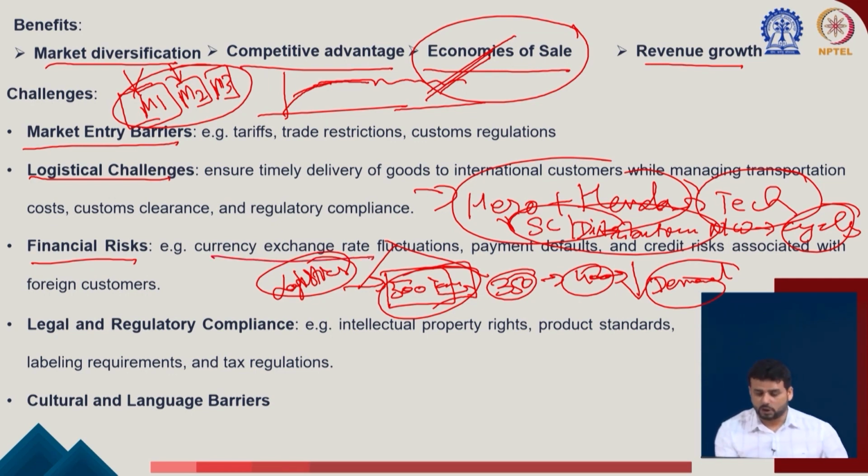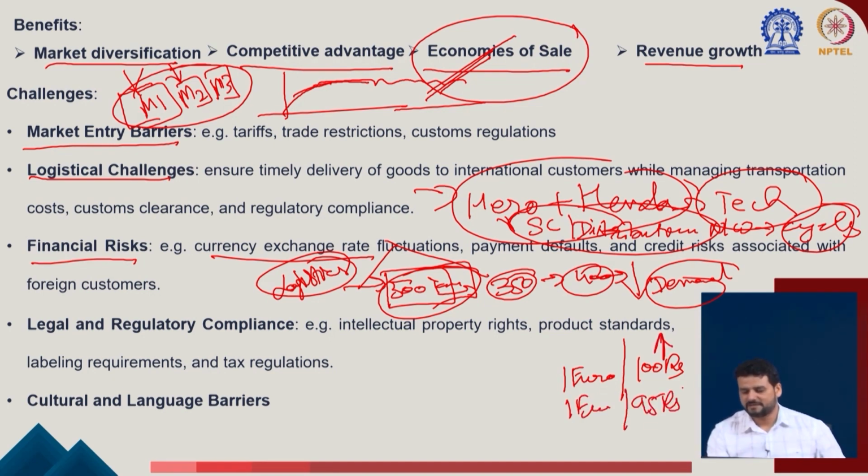Currency exchange, I told you: if you are selling for 1 euro, you were earlier getting 100 rupees. Now you sell 1 euro, and the rupee has appreciated, so you are getting only 95 rupees, right?